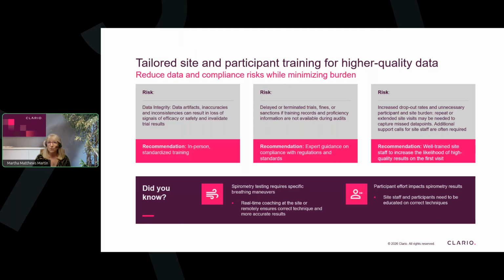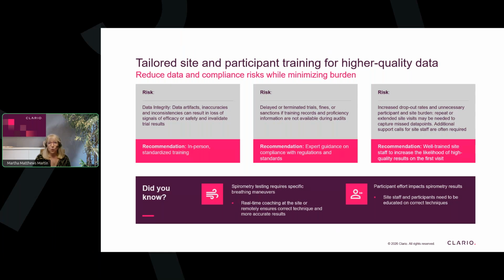But one of the first things that we focus on with our training is understanding the difference between the level of quality needed in clinical trial data versus in strictly clinical data. So we spend a lot of time in the why behind what we're doing when we're talking with our site staff learners, so that they really do understand what it is and why this is so important.